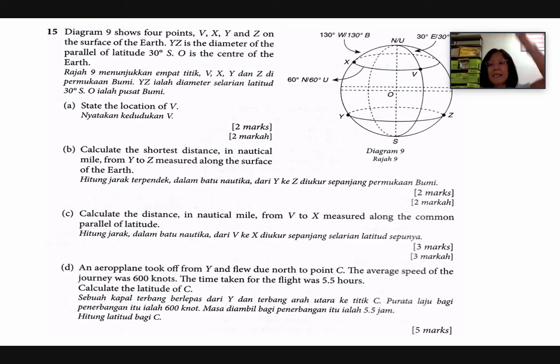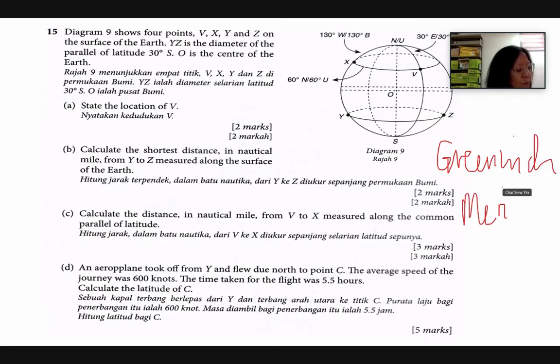The vertical reference line is where we measure whether we are on the west side or the east side, depending on whether it is on the left-hand side or the right-hand side of the Greenwich meridian. Greenwich meridian, of course, is named after the place which this vertical line passes through.